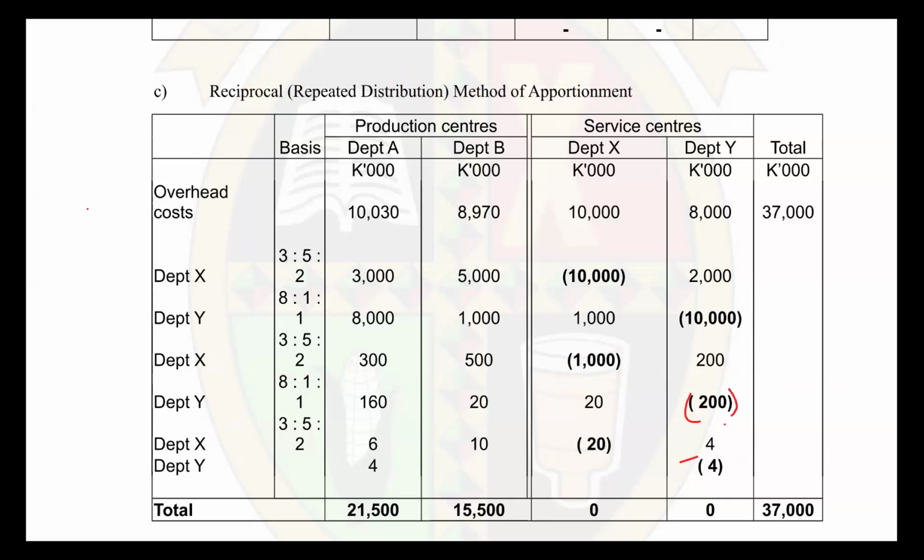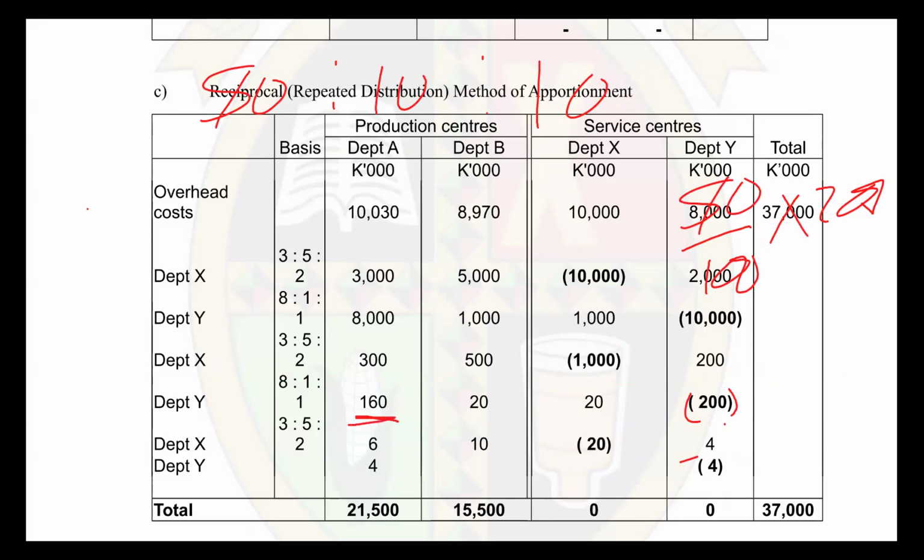This is Y. Department Y distributes at the bases of 80%, 10%, and 10%. So 80% goes to A. You say 80 over 100 times 200. How much is that? If you're doing the right thing, you should find 160. So 160 goes to A. Then you say 10 over 100, that is for B, times 200 gives you 20, and the other 20 goes to department X.